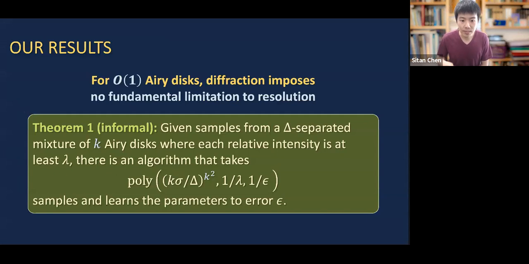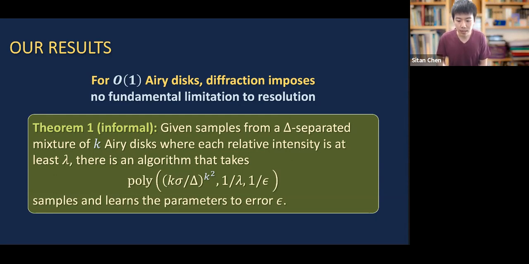Basically, we show that given samples from, say, a delta-separated mixture of k area disks, where each relative intensity is at least lambda, there's an algorithm that takes a polynomial number of samples in all of these parameters except for k, and learns all of the parameters of the mixture of area disks to error epsilon in an L2 sense.